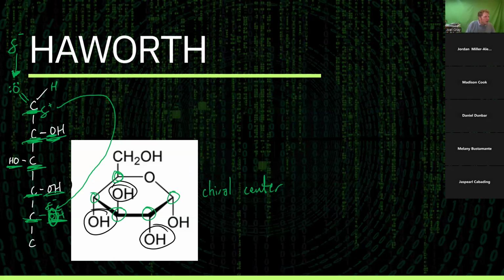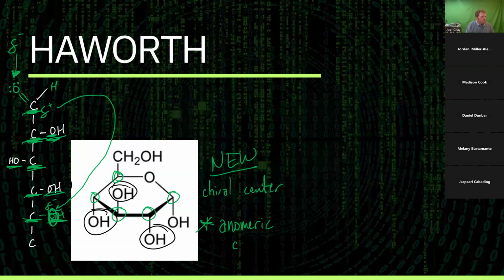That's significant. I'm going to add new chiral center. This new chiral center gets a unique name. This is an anomeric carbon.